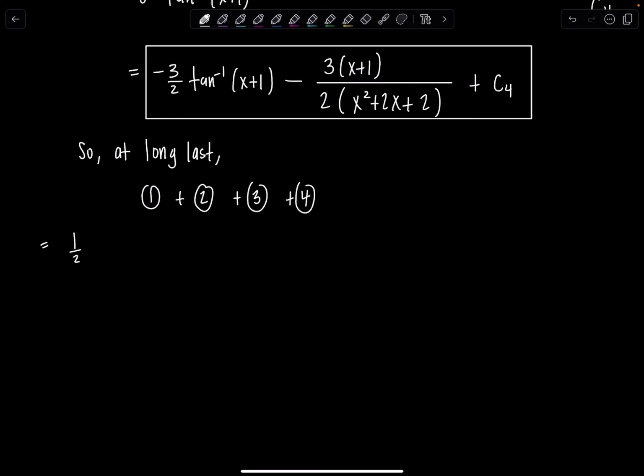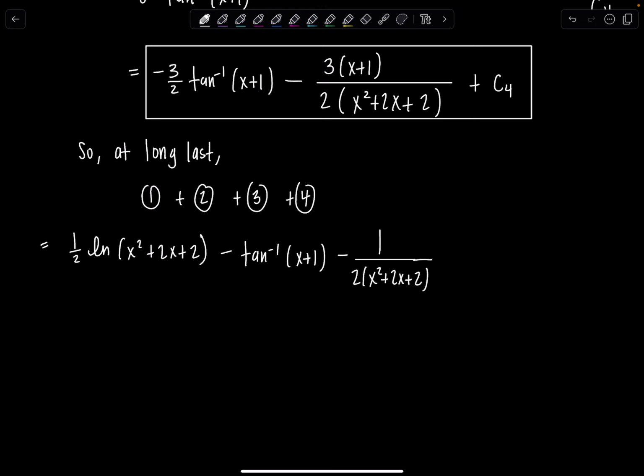1/2 natural log x squared plus 2x plus 2. I don't like how that looks, hold on. Minus tan inverse x plus 1 minus 1 over 2 times x squared plus 2x plus 2 minus 3/2 tan inverse x plus 1.